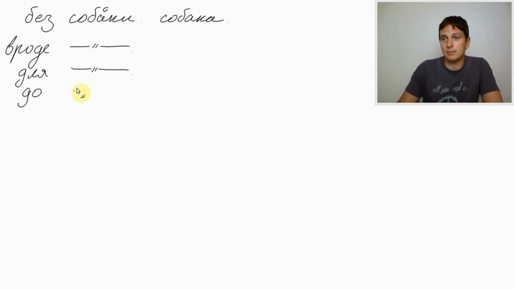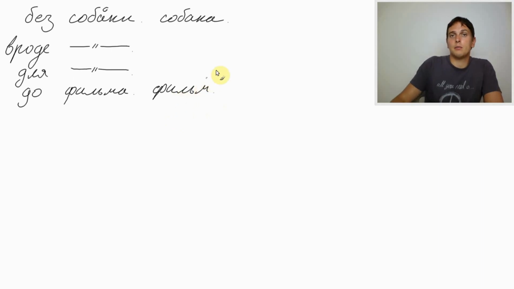До фильма, before the movie. And in the nominative case, in the dictionary form, film is movie. Собака ends in a, it's feminine. Film is masculine.